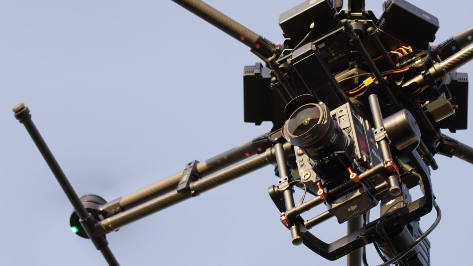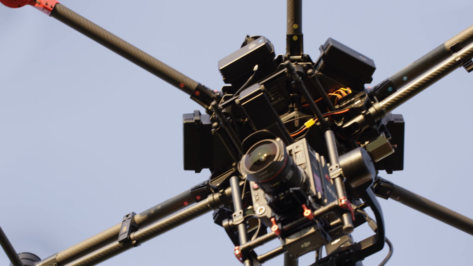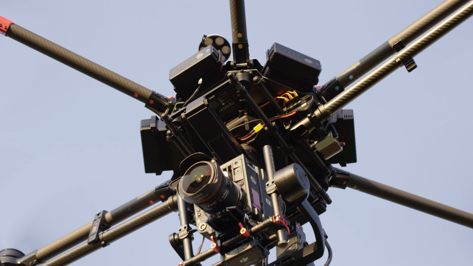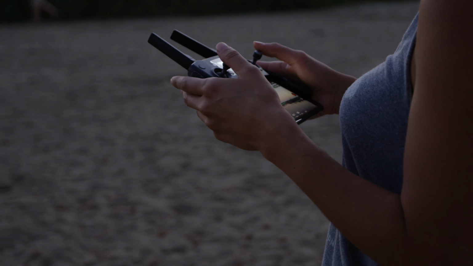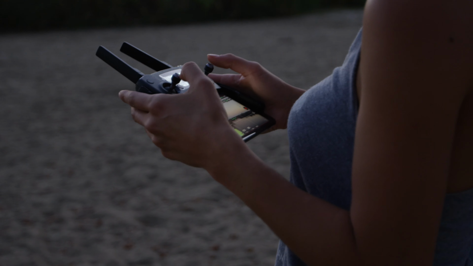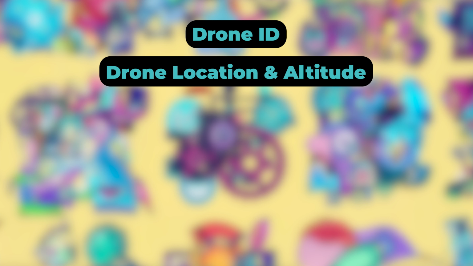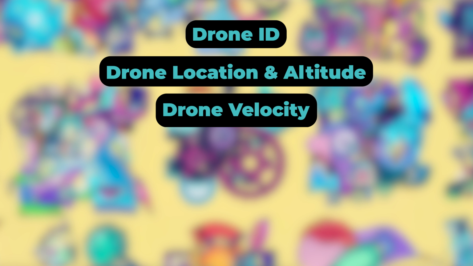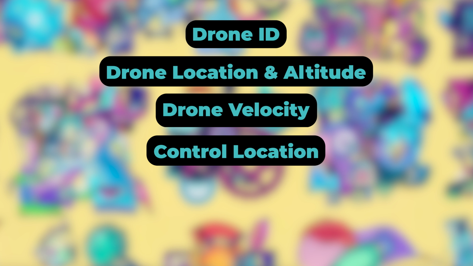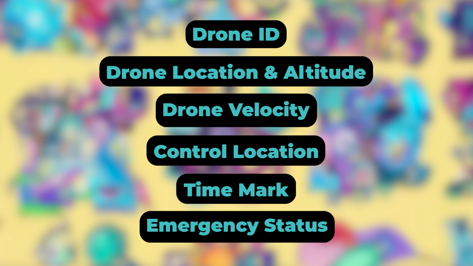By broadcasting this information, the FAA aims to enhance airspace safety, enabling them and other authorized parties to know who's flying where and when. The specific Remote ID data your drone needs to broadcast include your drone ID, drone location and altitude, drone velocity, the control station location and elevation, which is where you are as a controller, the time mark, and the emergency status.